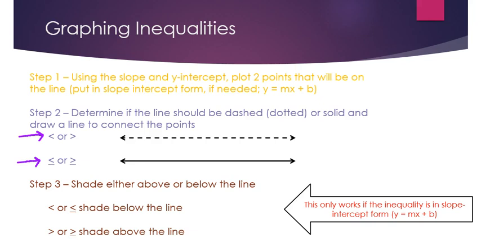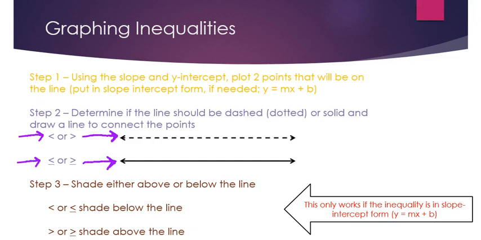Okay? Whether it is greater than or less than, or greater than or equal to, or less than or equal to. If there is not a line underneath, if it is not equal to, then you have a dotted line. Okay? No line under your inequality means you have a dotted line. When you have a line underneath, you will have a solid line.